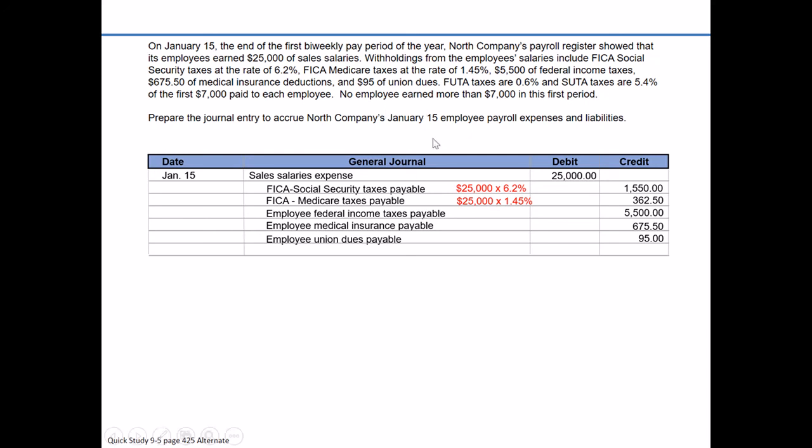So we just keep chugging through like we did for Social Security, take our $25,000, multiply it times 0.6% for FUTA taxes, and credit federal unemployment taxes payable for that total dollar amount? No. Keep in mind that unemployment taxes, no matter if they're federal or state, are not withheld or deducted from the employees. That's an important distinguishment.